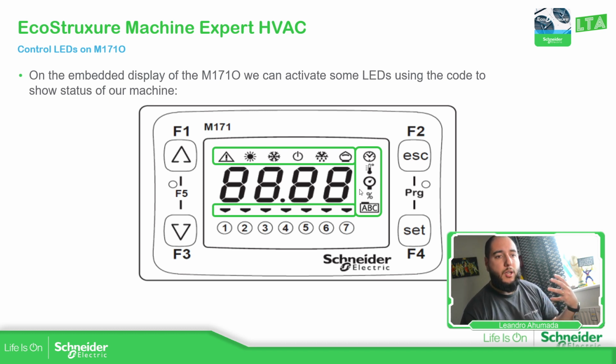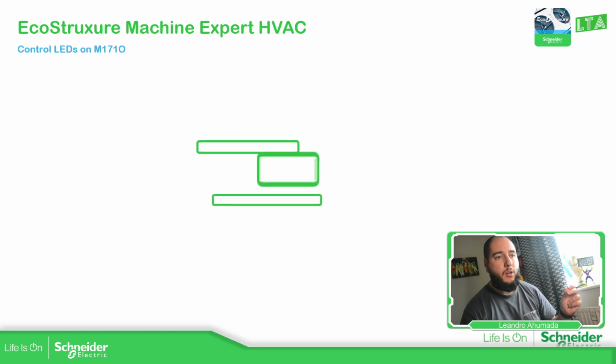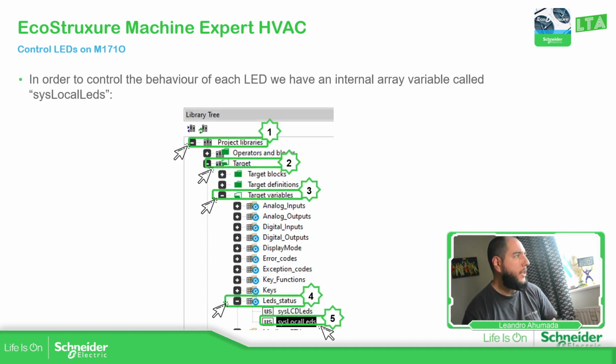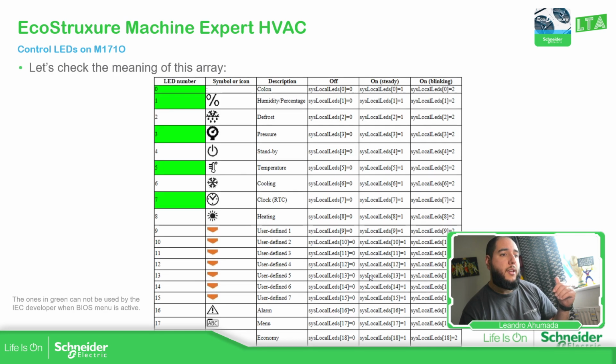To access each of these elements, we can use one array variable in the PLC in order to access all of them. That variable is located in target variables, LED status, sys local LEDs. So inside that array, each element activates something.